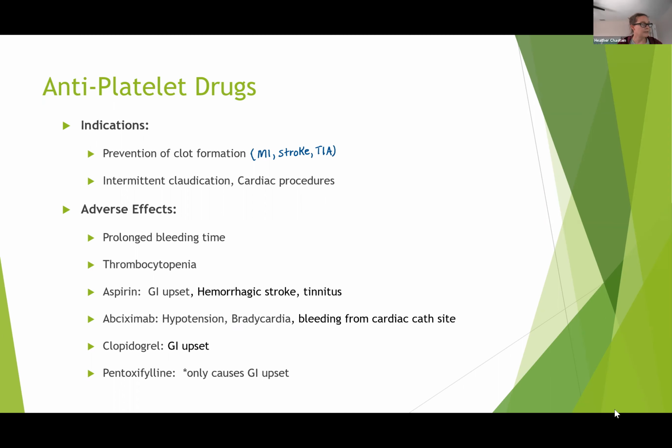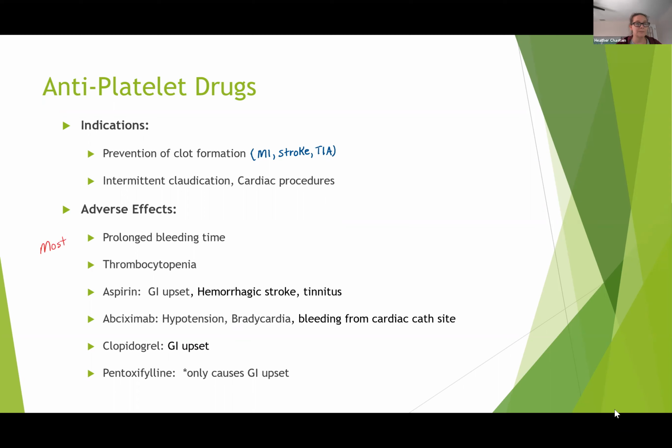Okay. Some are used to help prevent clotting during cardiac procedures, like a cardiac cath or angioplasty or a stent placement, something like that.